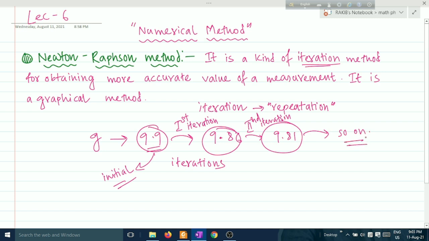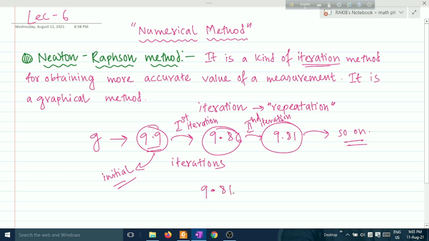Therefore the more accurate value will be obtained, and even after some iterations the value will move towards a fixed value, but not in case of mathematical values.